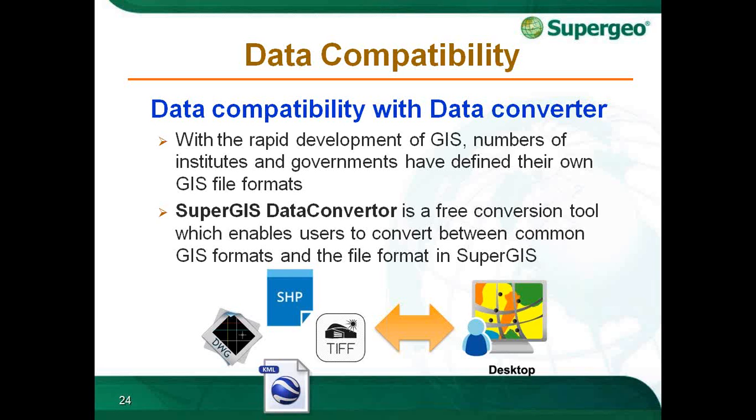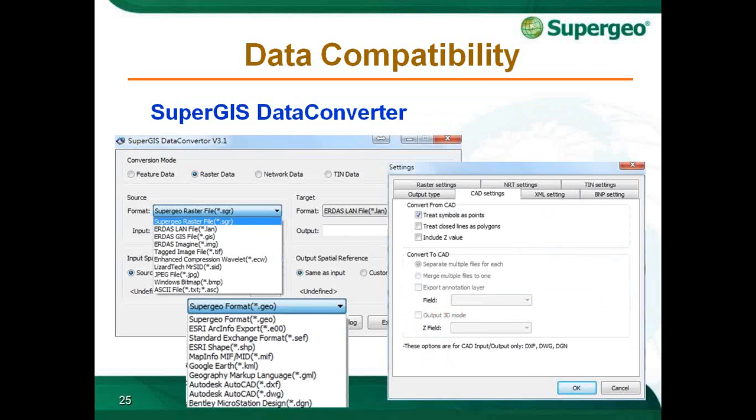It's actually a very useful tool, and this is how it looks. You can convert not only vector data, but also vector datasets, the network, or the TIN. So you can convert a variety of different file formats. And also we have a lot of parameters you can set up, and you can change the coding system when you do conversion.